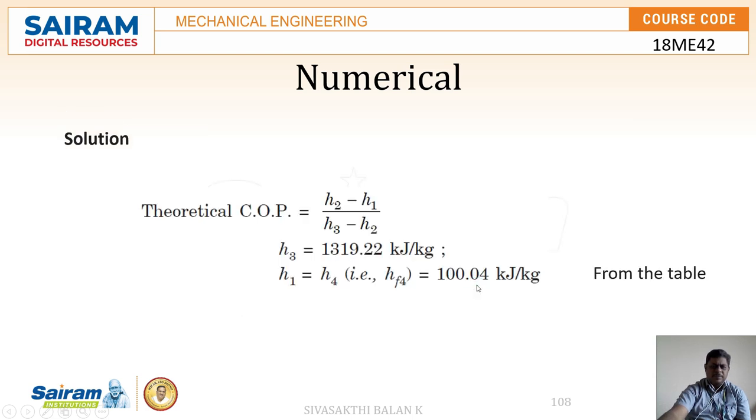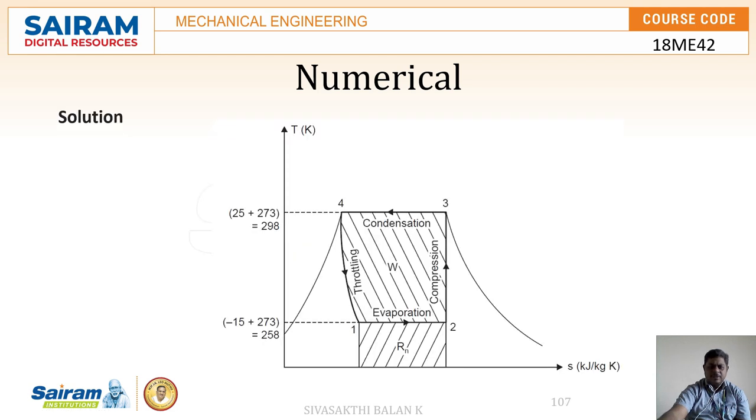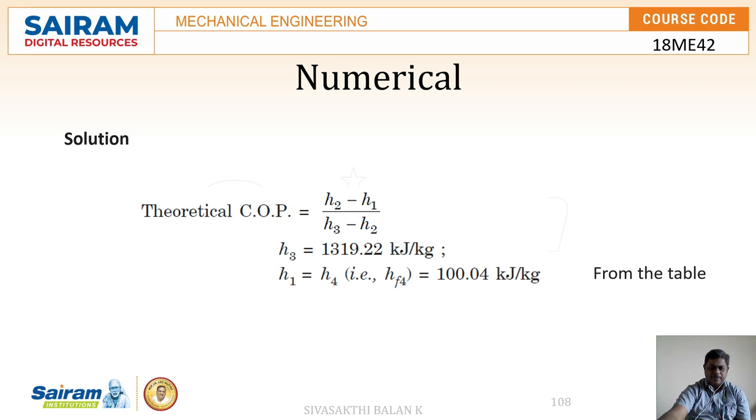The theoretical COP, as per the formula which we derived in the previous video for the quality of the steam at the end of the compression as dry and saturated steam, is H2 minus H1 divided by H3 minus H2. H3 value we can take from the table given for the temperature 25 degrees centigrade.